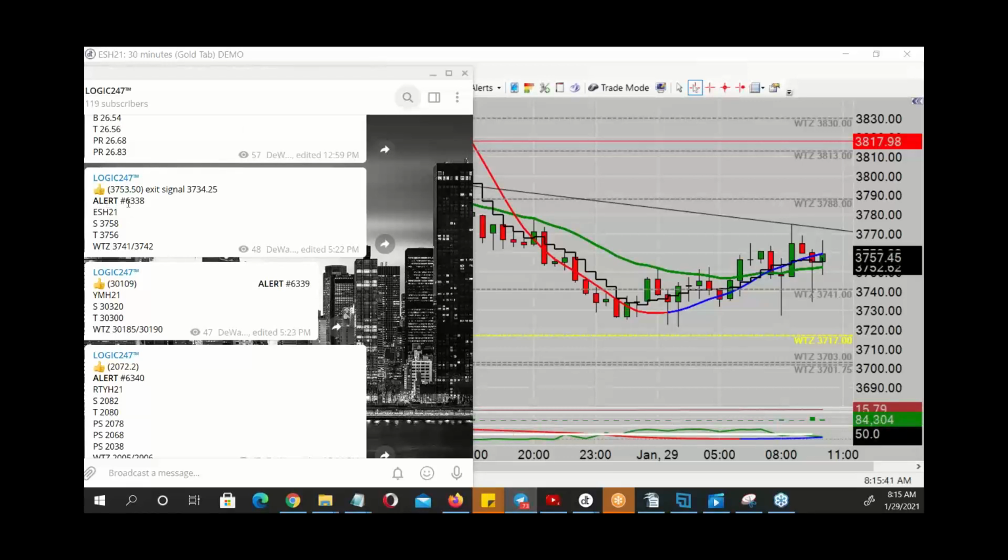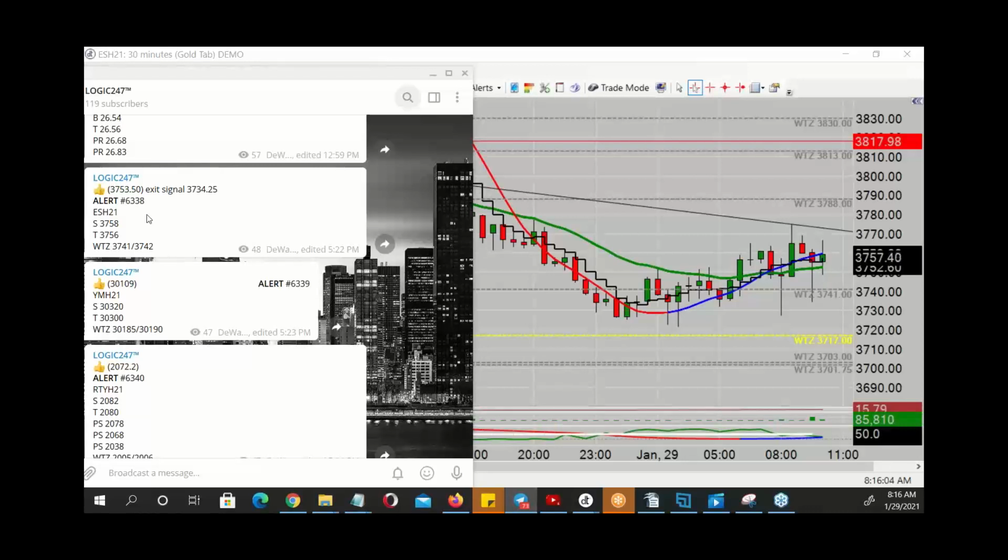This was alert number 6,338. Sell 37.58. Initial target 37.56. The final trade to target on this alert is 37.41/42. So these alerts come out with plenty of time for you to finish what you're doing, get to your computer.